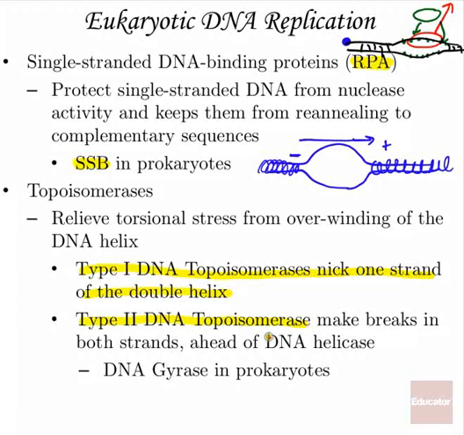And these are both occurring ahead of the DNA helicase, in the direction that the helicase is moving. Now, in bacteria or prokaryotes, it's not topo 1, topo 2 that we call it. The protein that does this is DNA gyrase.